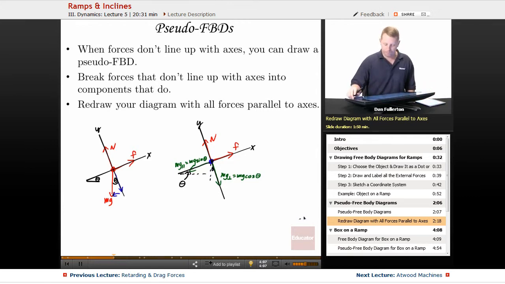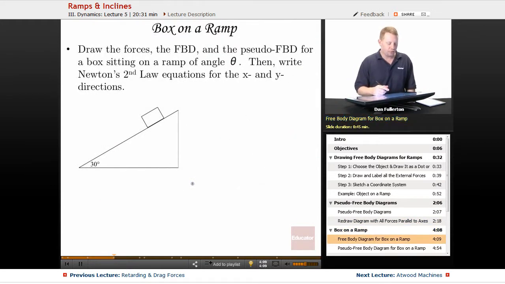All right, so boxes on ramps. Draw the forces, the free body diagram, and the pseudo free body diagram for a box sitting on a ramp of angle theta. Then write Newton's second law equations for the x and y directions. All right, well, as we take a look here, let's start by drawing the forces on our box itself. Normal force, we'll have a frictional force, and mg.